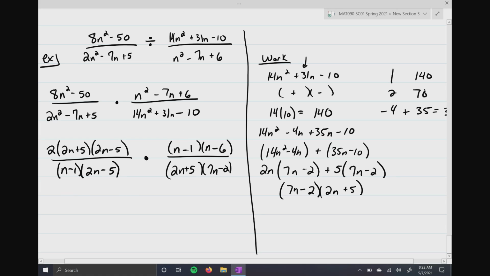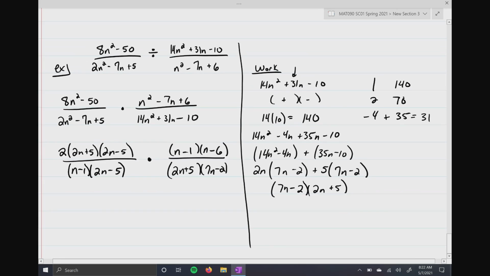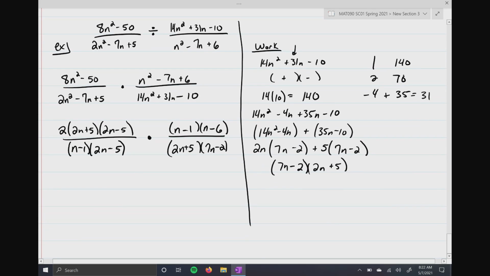So the hardest part about this problem was just knowing how to factor. Now from here, I'm just going to look for numbers that are the same in the numerator and denominator. So let's see here. 2n minus 5s, I said they reduce. The n minus 1s, they reduce. The 2n plus 5s, they reduce. And that looks like it's it.